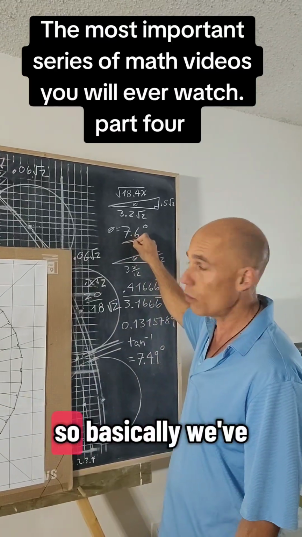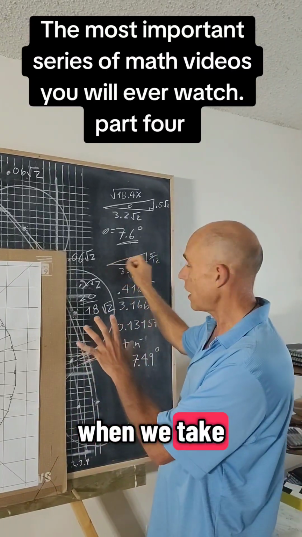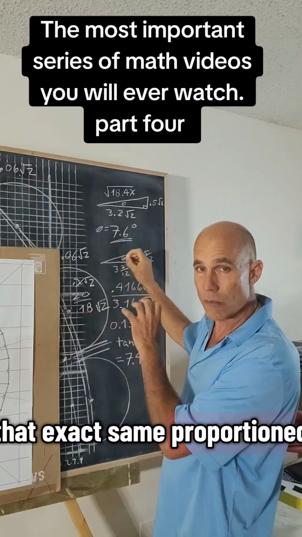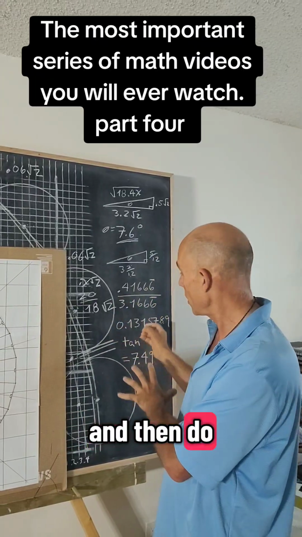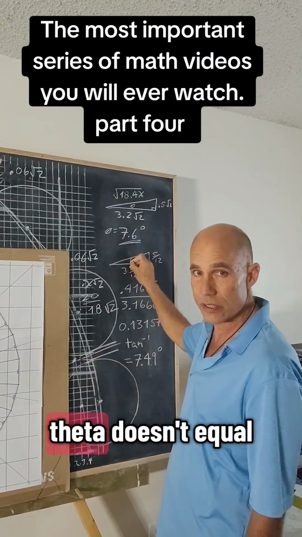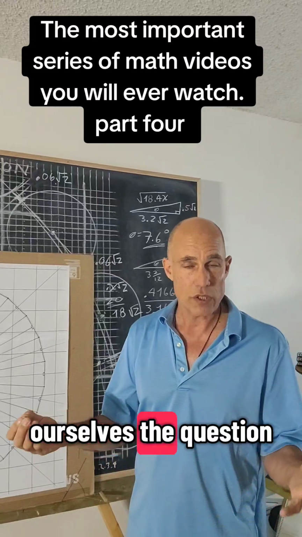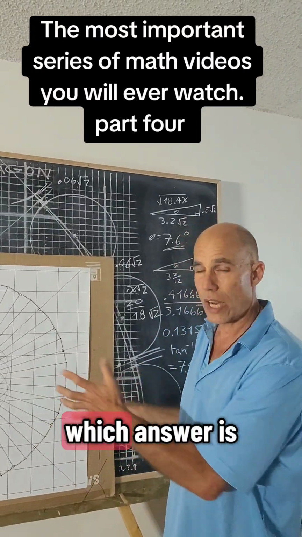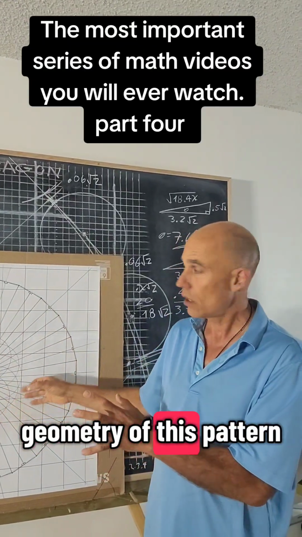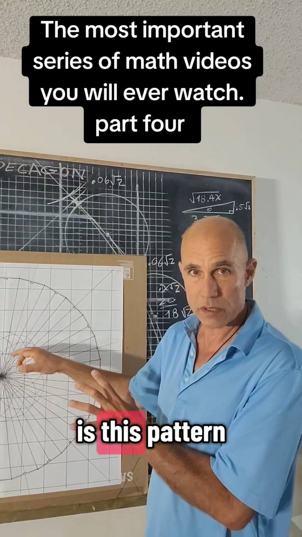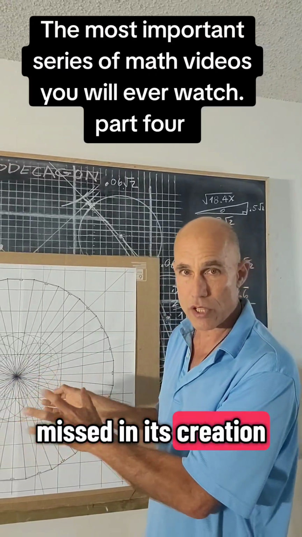So we've discovered that when we take that exact same proportioned triangle and convert it into base 10 measurements and then do our calculation, theta doesn't equal 7.5 degrees. So now we have to ask ourselves which answer is more precise. Is this pattern perfectly symmetrical, or is there something that we missed in its creation?